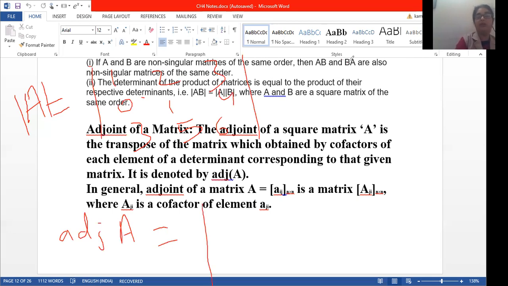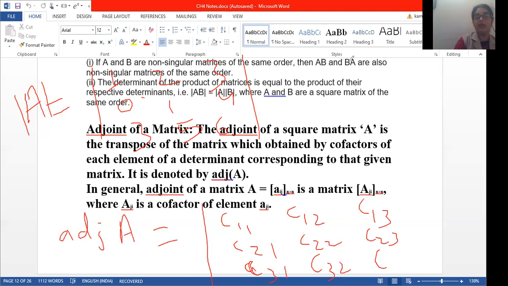For the element A11 you have the cofactor C11, C12, C13. You will find all 9 cofactors: C21, C22, C23, then C31, C32, C33.